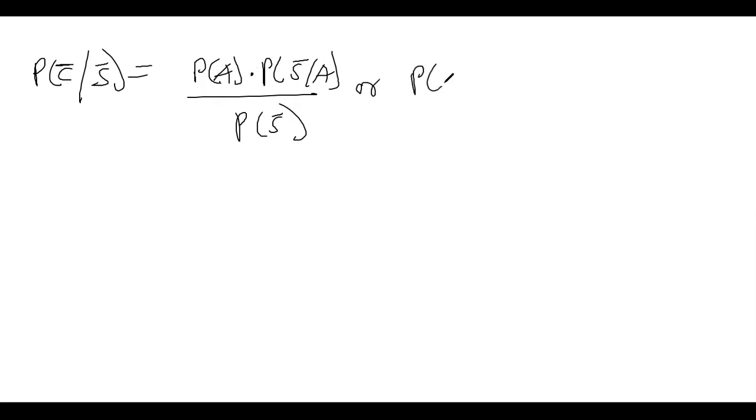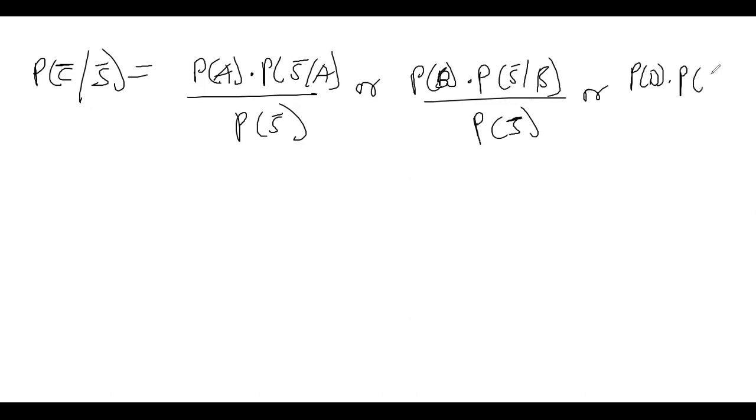Or it could be that one of the favorable outcomes is a 4-star, so the probability of B times the probability of not S given B, all over the probability of not S. Or it could be a 2-star, so the probability of D times the probability of not S given D, over the probability of not S. Here there are 3 of them instead of 1, because it says not 3-star, so it means it's either 5-star, 4-star, or 2-star.